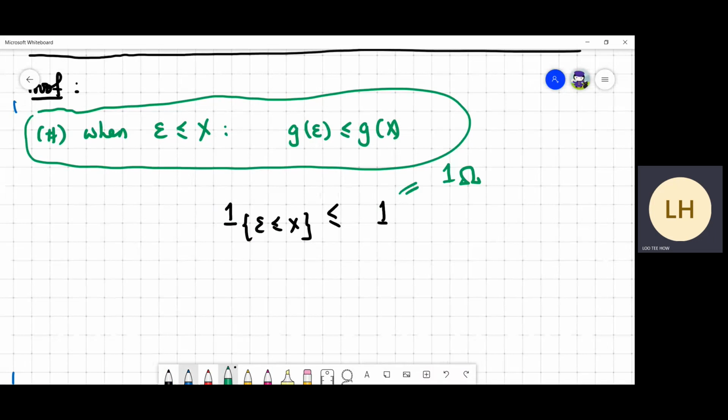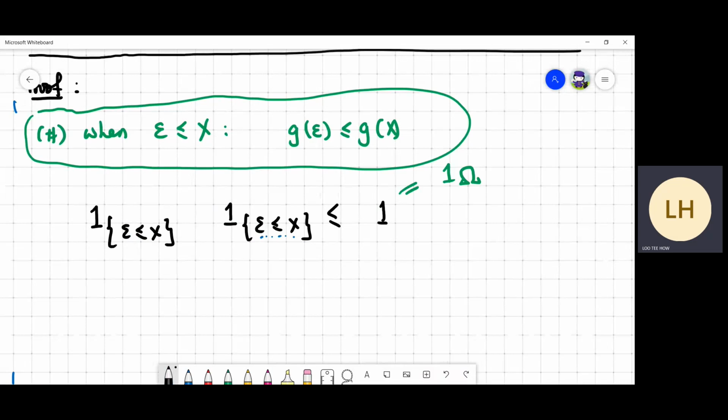Next we look into this event, X greater or equal to epsilon.